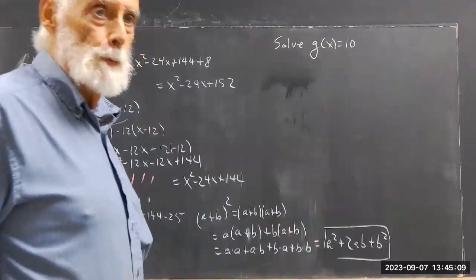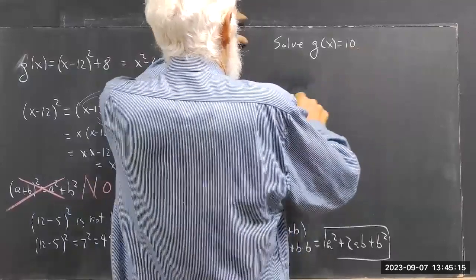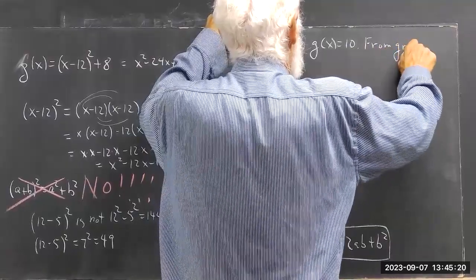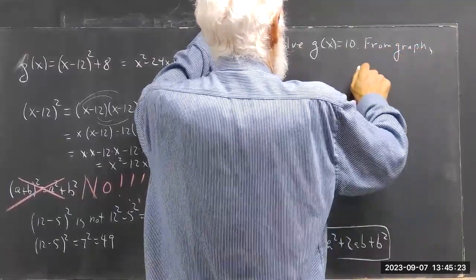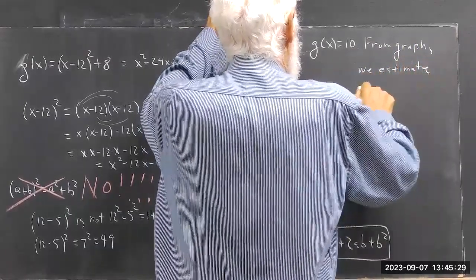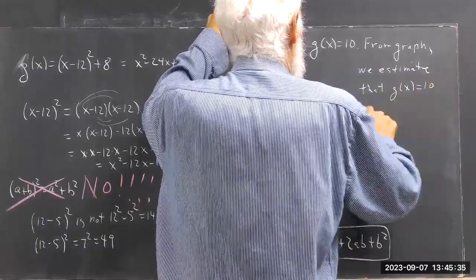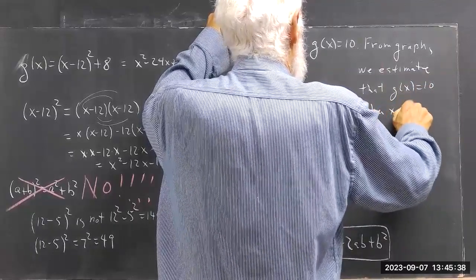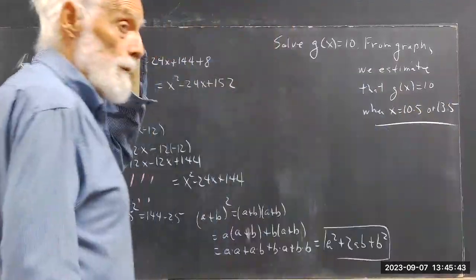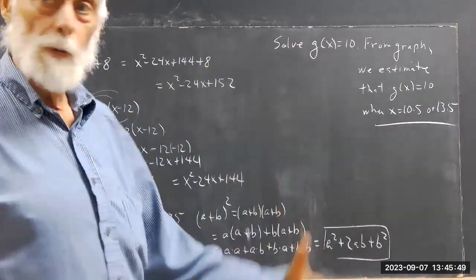We're going to solve g of x equals 10. We take the graph and make these estimates. Now it's just a sloppy-drawn graph. I don't expect these estimates to be great, but they should be in the right ballpark.